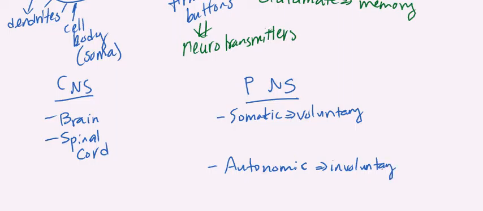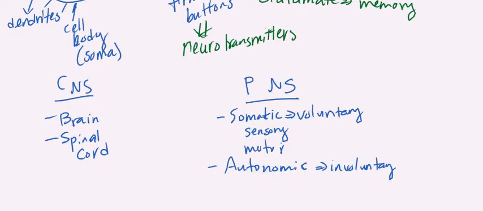First, let's look at the somatic. The somatic has two types of nerves to it. There's the sensory neurons, and then there's the motor neurons. So let's say you touched the table.